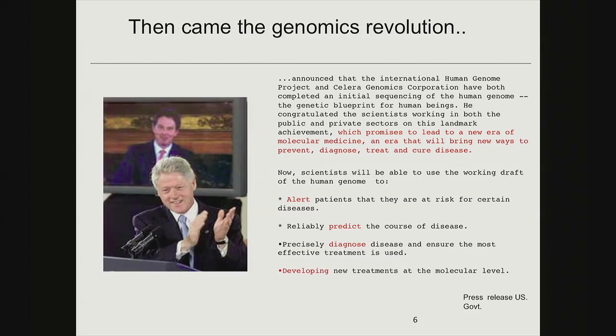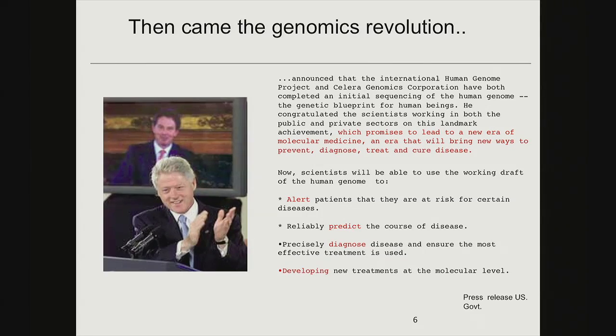What they wrote, this is a text from the original press release, was that now that we know the nucleic acid sequence of a human, we could read out of this sequence information that is relevant to alert patients that they are at risk for certain diseases, predict the course of disease, precisely diagnose disease and ensure the most effective treatment, and develop new treatments at the molecular level.